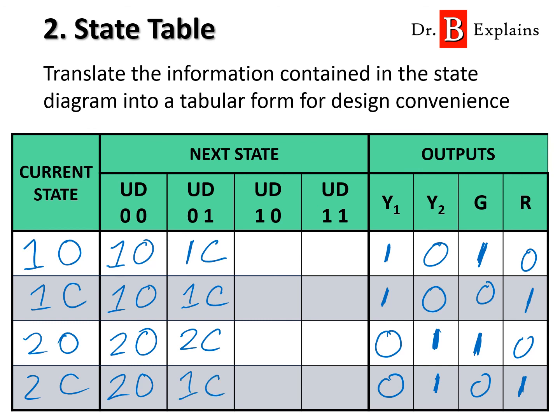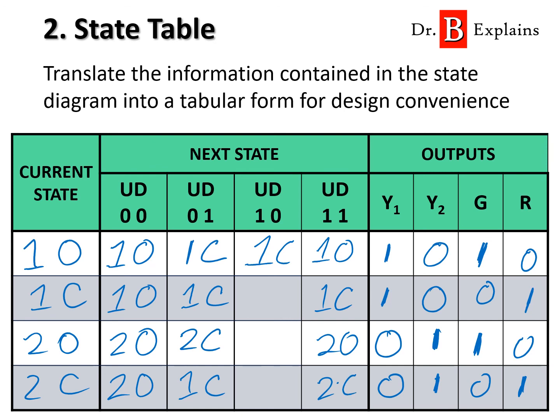Now we can go down or we can go right. Sometimes it's easier. So if I'm in 1C, I'm going to be pressing the 1, 0, so I go to 1C. If I press a 1, 1, I stay in the same one, so that one's easy to see.